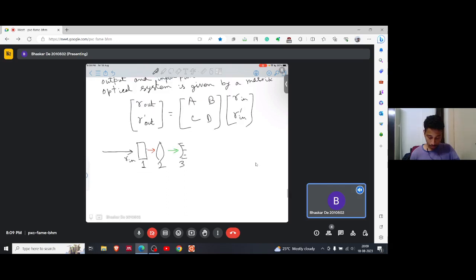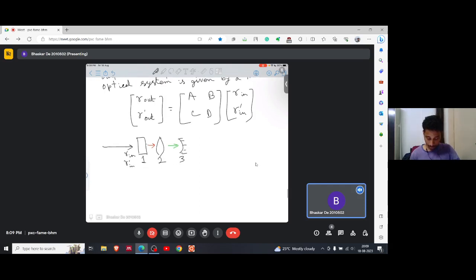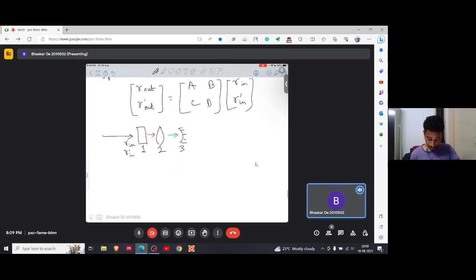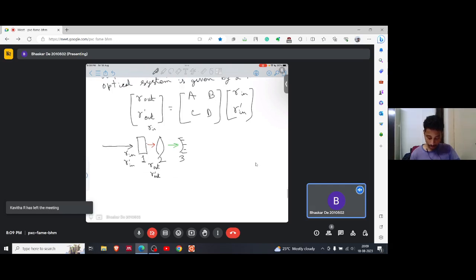Then we need to find the R in and R in dash. Then we'll calculate for this particular block, and we'll have the R out and R out dash here. Now for the second optical element, the lens, this R out and R out dash will be the R in and R in dash.